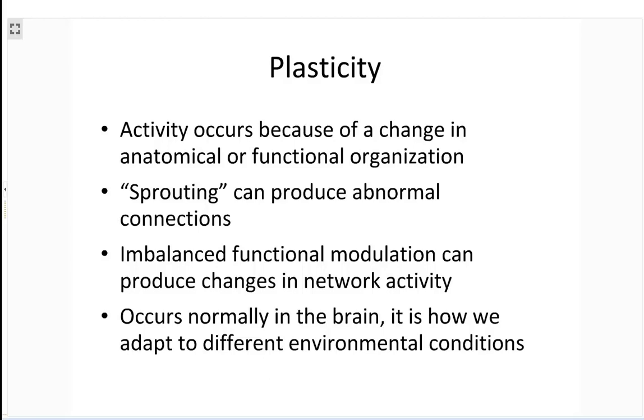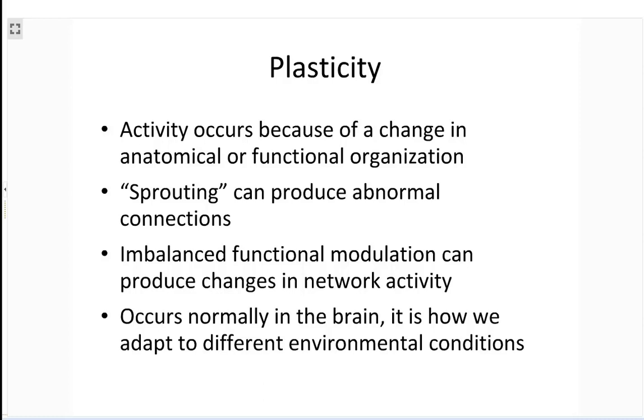So going on from sensitization to more neuroplasticity, okay, we all know what neuroplasticity is. It's this normal activity that occurs because of a change, and it drives organisational change, both anatomically and functionally, and it's this ongoing sprouting. But what can happen is that this sprouting can also produce abnormal connections, and that has been put forward as a contribution to this ongoing pain.